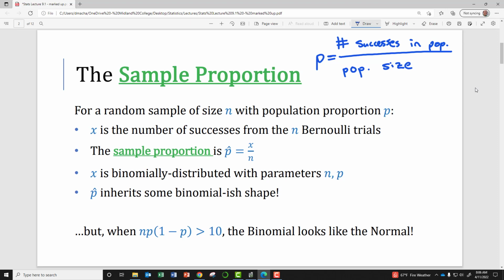Now, if we say X is the number of successes from the n Bernoulli trials, where n is our sample size.